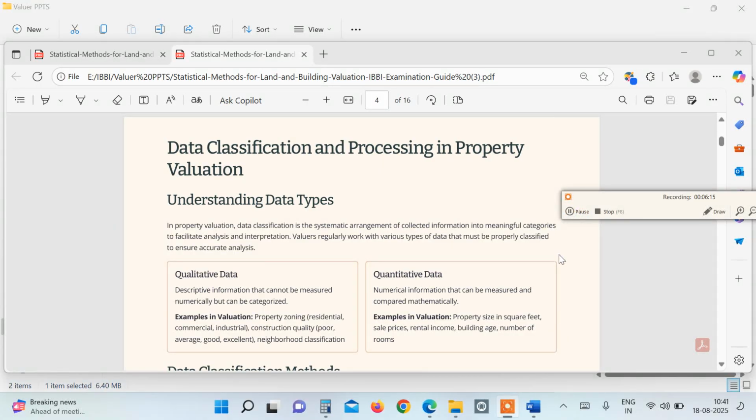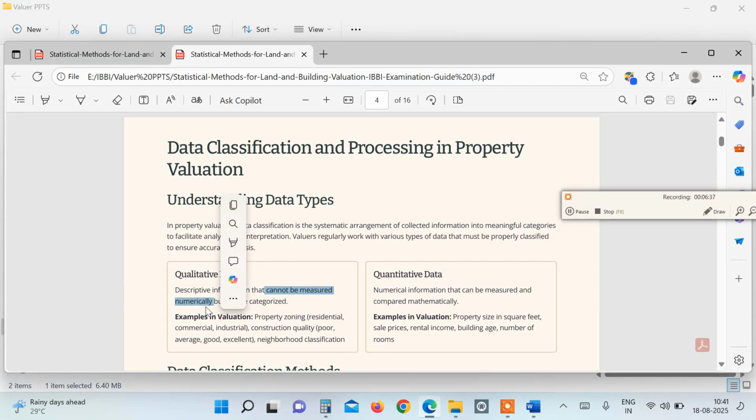The data is of two types: qualitative data and quantitative data. Qualitative data gives descriptive information only, which basically cannot be measured numerically, but can only be categorized.